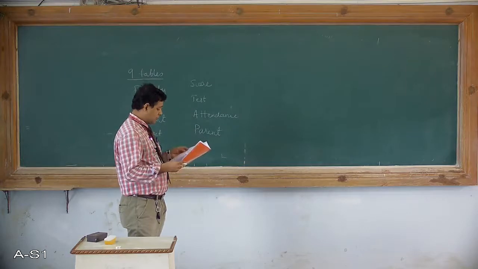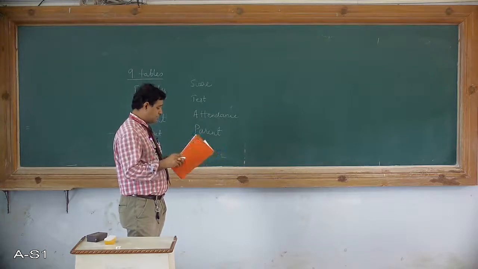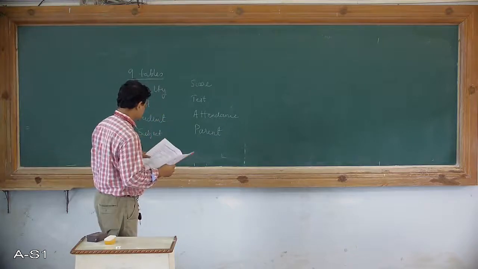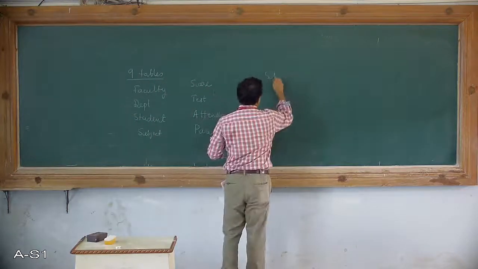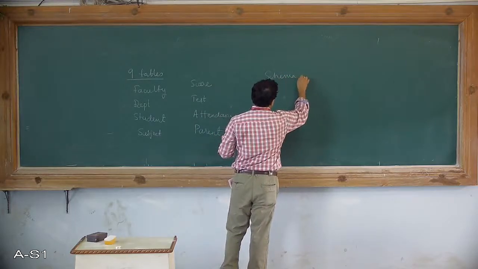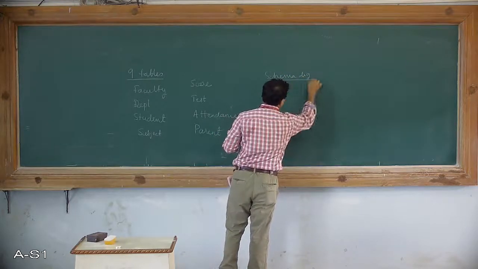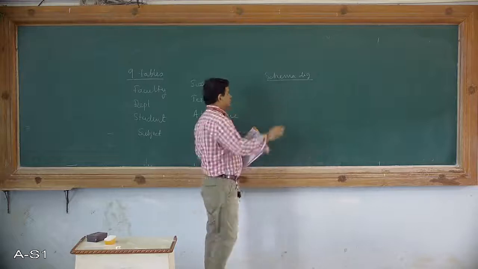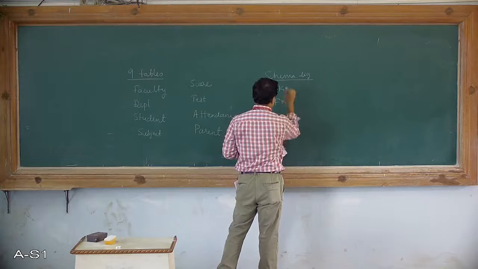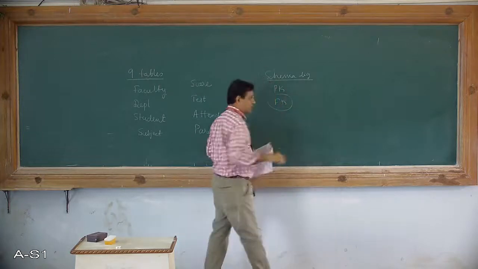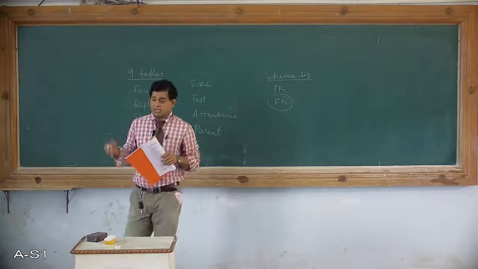And here also there are open-ended statements, like you need to create all these tables with proper constraints. If you see the schema diagram, you have already drawn this. In the schema diagram it will be clear which are the primary keys and which are the foreign keys, and how these foreign keys are being linked to other tables.